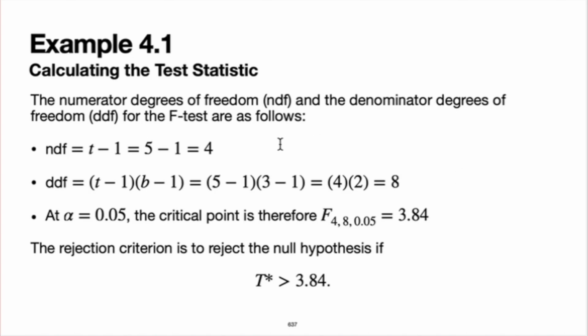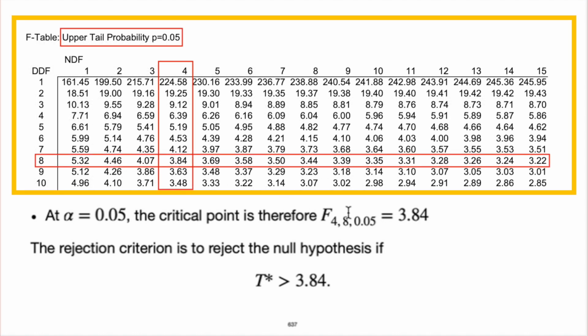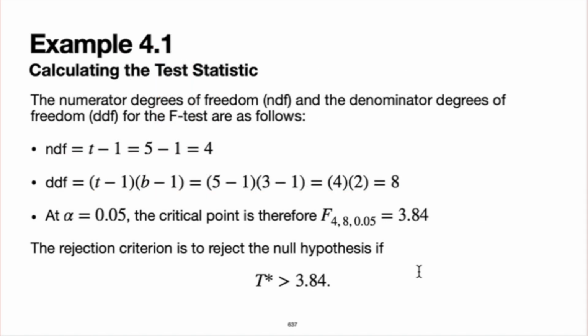So 5 minus 1 times the quantity 3 minus 1. 4 times 2 is 8. So we've got 4 numerator degrees of freedom and 8 denominator degrees of freedom. So therefore, when we look up this value in the 0.05 F table, we get 3.84. The rejection criterion then is to reject the null hypothesis if our test statistic T star exceeds 3.84.